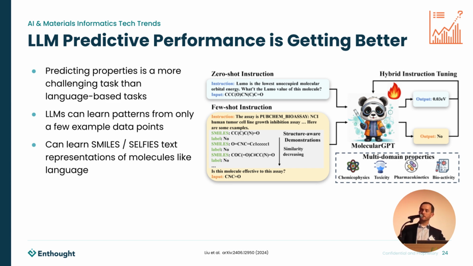It already does this really well with language, but there's also been work trying to adapt this for making numerical predictions, and not just language predictions. While there are great machine learning models, more traditional deep learning models for making property predictions with a large amount of data, the idea is that LLMs could potentially be used to learn the language of chemistry and make reasonably accurate predictions, even with very, very little data.